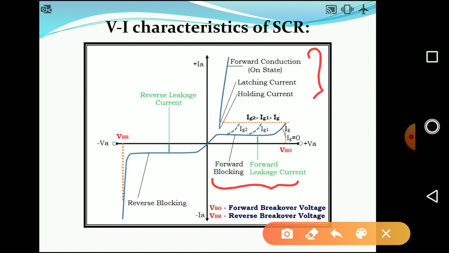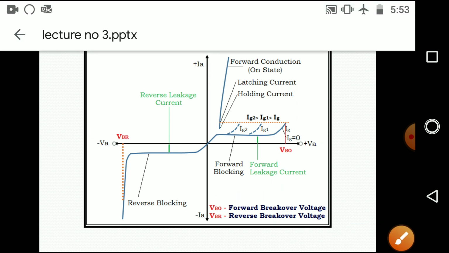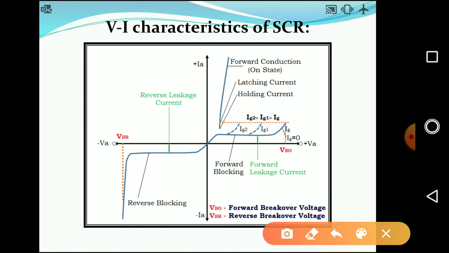Next, this represents forward conduction mode, and this represents reverse blocking mode.